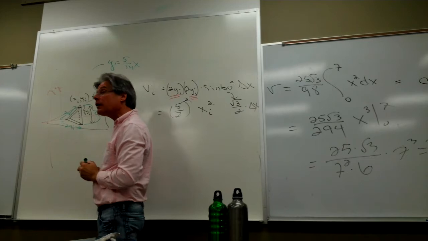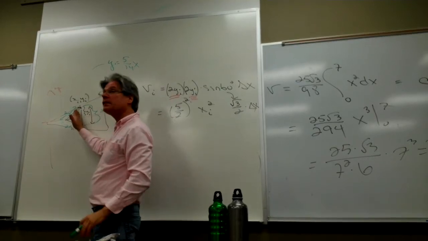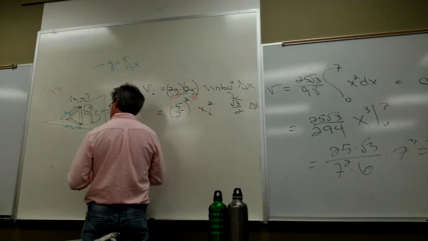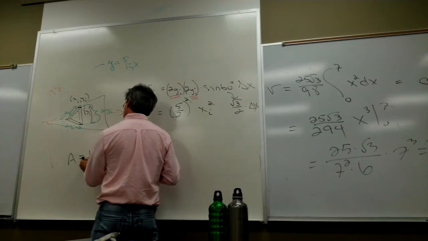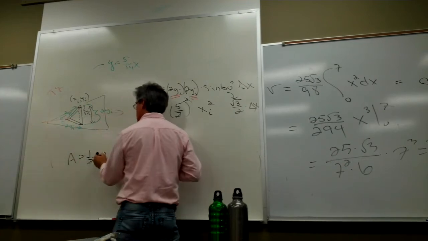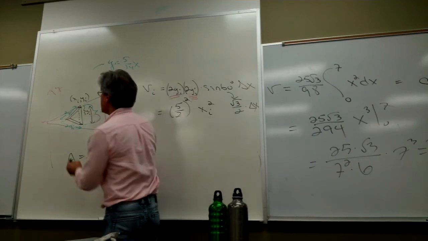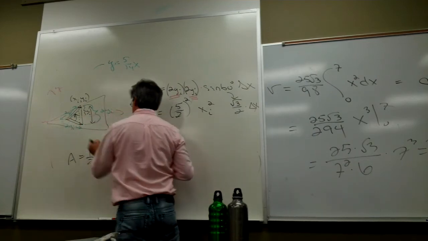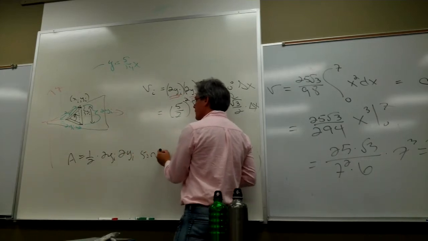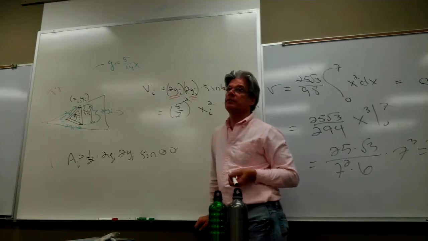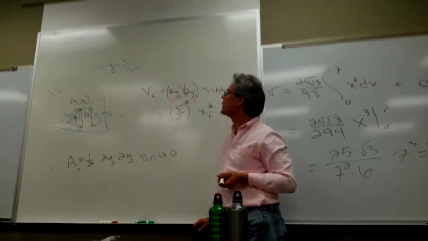So I was computing the area of the triangular face as 1/2 times the product of these two sides times the angle in between, but since it's an equilateral triangle, that was merely the sine of theta. That would be the area of the i-th face. Do you see it?